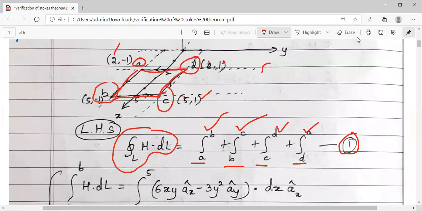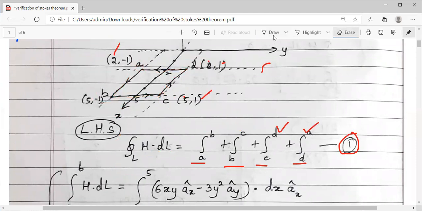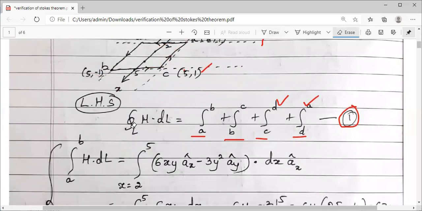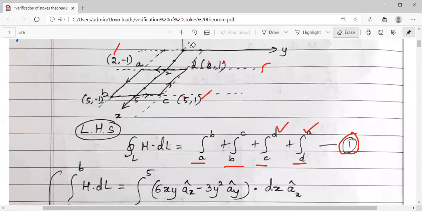Let us take the first line integral, between A and B, the first line AB. This is the line which I am considering. Which coordinate is changing here?